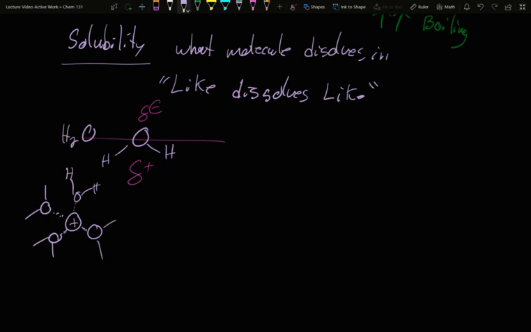Now, if you're not ionic, if you're just polar, things like acetone, so CH3, well, you still have a dipole. Granted, it's not an H bond, but it's still a dipole, and so acetone dissolves pretty darn well in water. You get your oxygens, your hydrogens, and those hydrogens can be attracted to that negative charge on the oxygen.